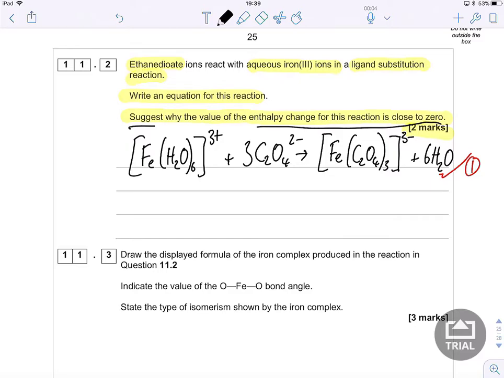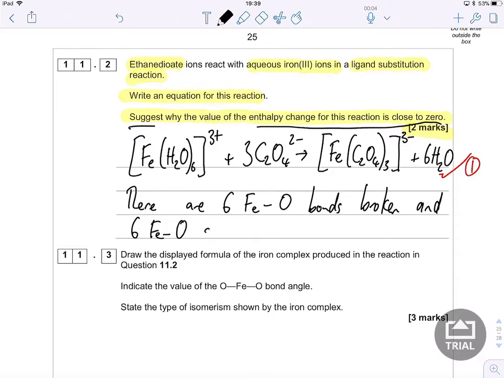So I'm going to say that there are 6 iron-oxygen bonds broken and 6 similar, not quite the same because they're in different environments, bonds made. That gets me my second mark.